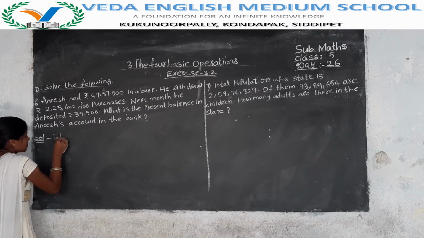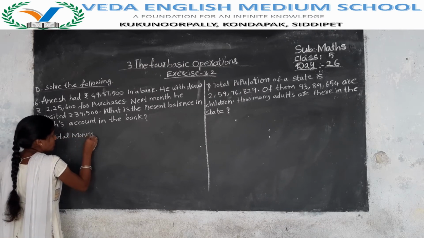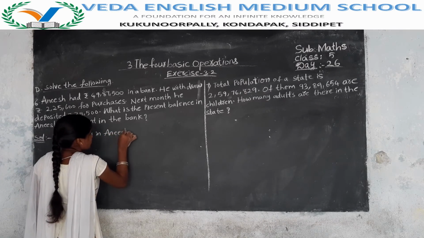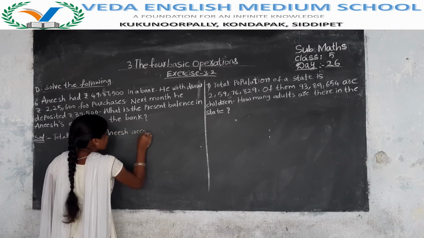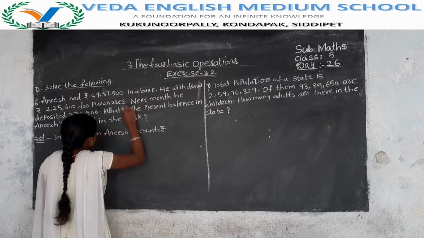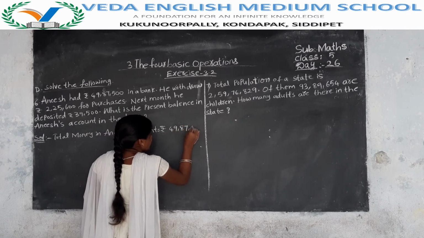Total money in Anish's account is equal to rupees 49,87,500.